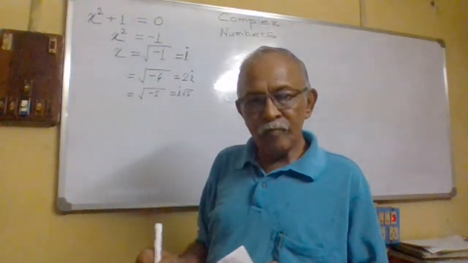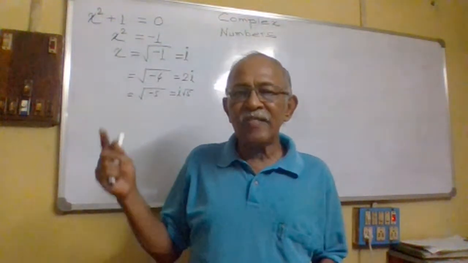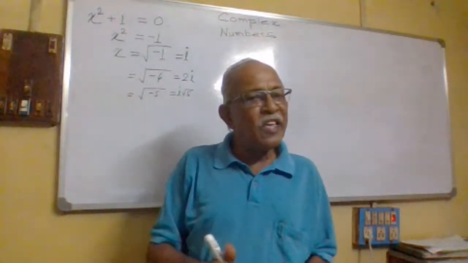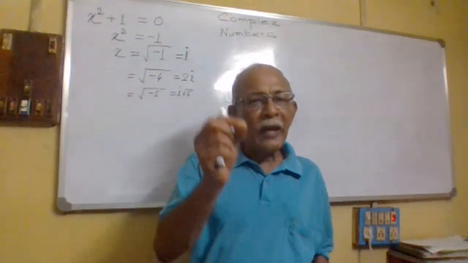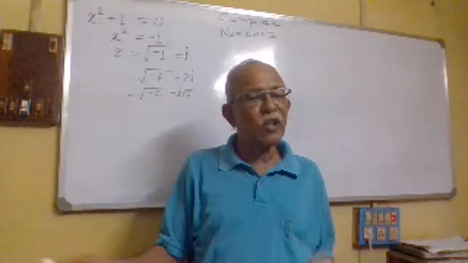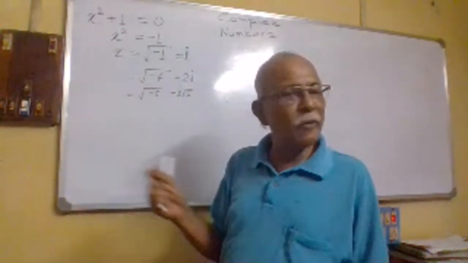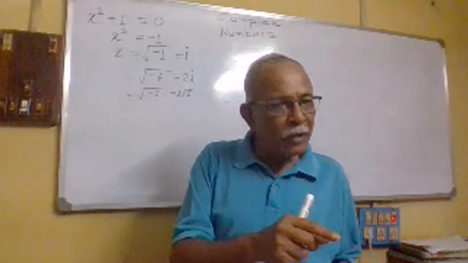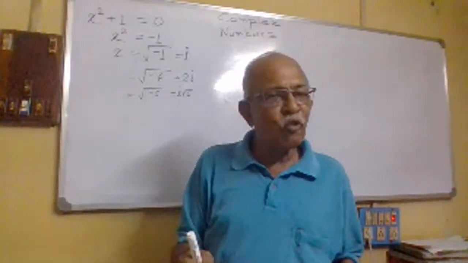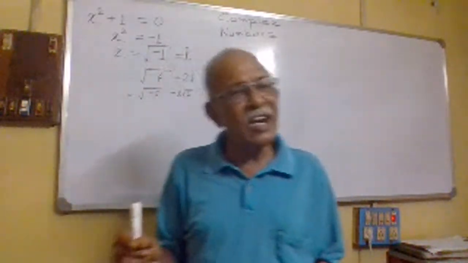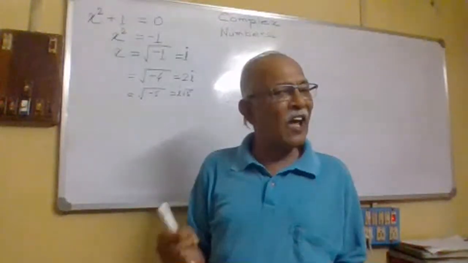Now, the interesting thing in this assumption is that it obeys the laws of algebra. As in algebra, 5a plus 2a equals 7a, here also 5i plus 2i will be 7i. In algebra, 3a into 2a equals 6a square. Similarly here, 3i into 2i equals 6i square.